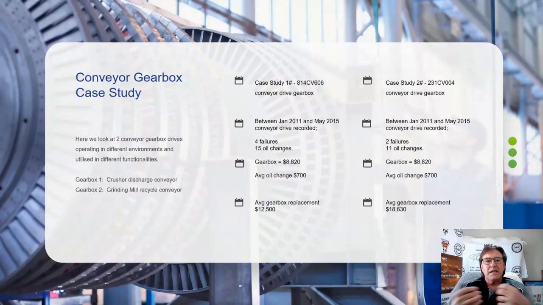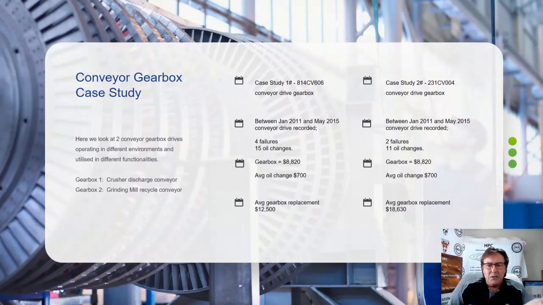If we look at the conveyor gearbox case study, here we're looking at 2 conveyor drive gearboxes operating in different environments, utilised in different functionalities. Gearbox number 1 is a crusher discharge conveyor. Gearbox number 2 is a grinding mill recycle conveyor.